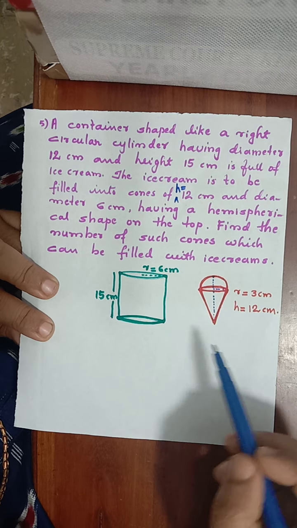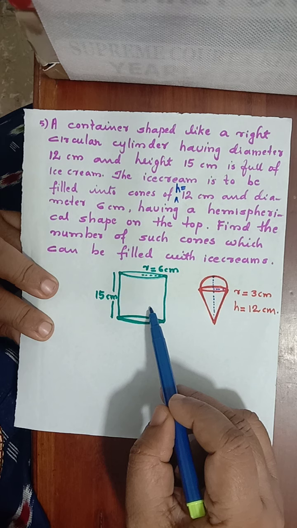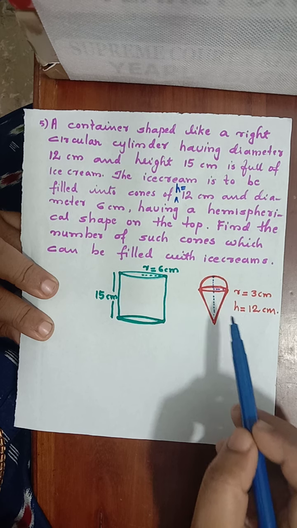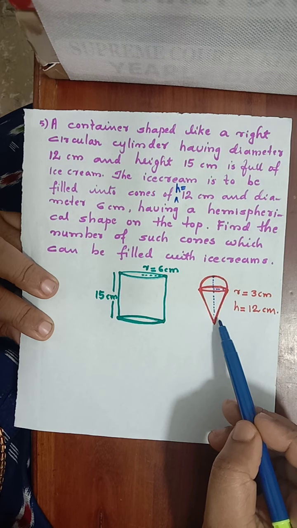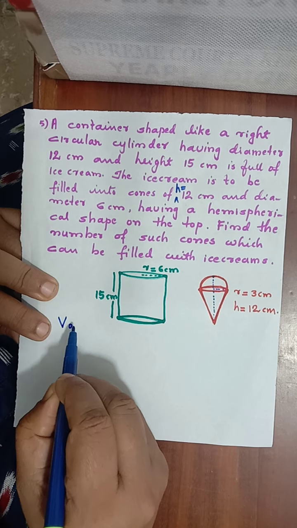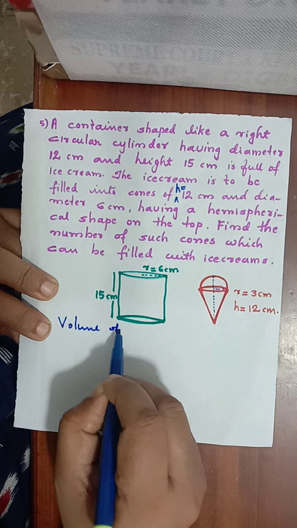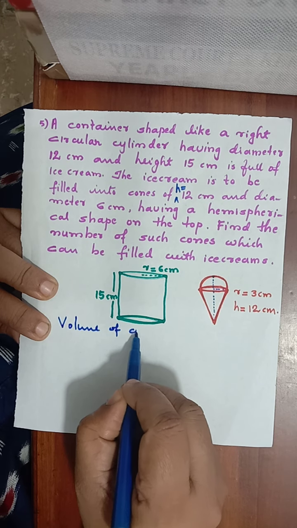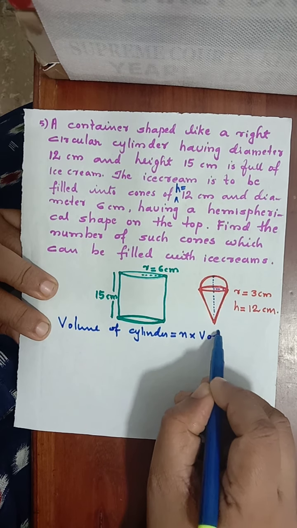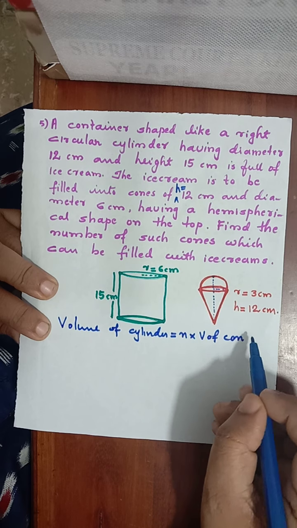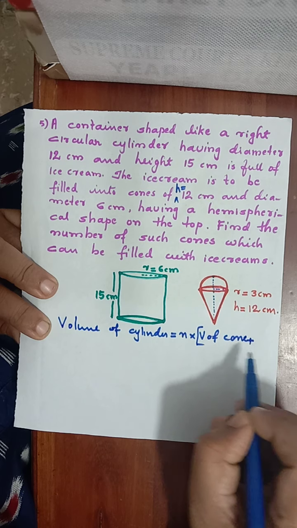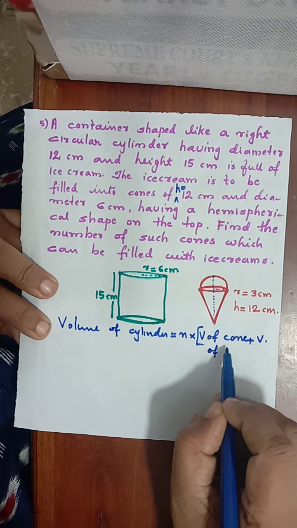So how do we get that? Volume of ice cream in the cylinder equals volume of n ice cream cones, that is n into volume of one ice cream cone. So volume of cylinder equals n into volume of cone plus volume of hemisphere.